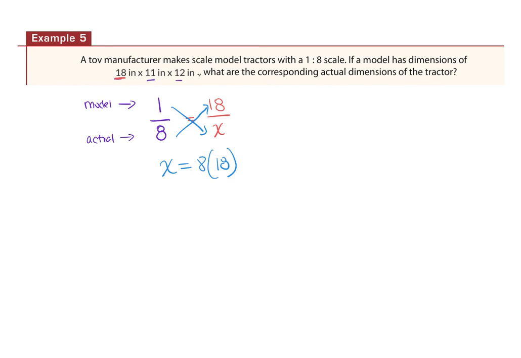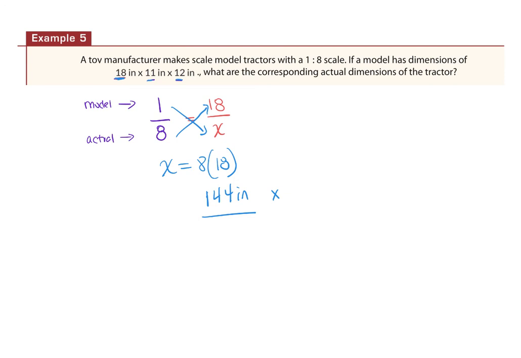So I'm just going to end up multiplying each of these by 8, right? And so what happens when I multiply this by 8? 80 plus 64, right? Something like that. 144 inches. If they want it in feet, what would I do? Divide by 12. So about 12 feet. All right. So my first one's going to be 144 inches.